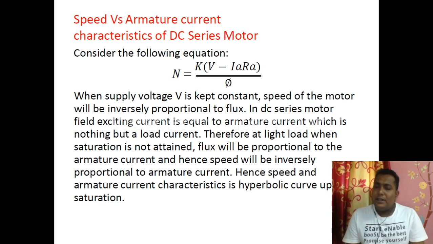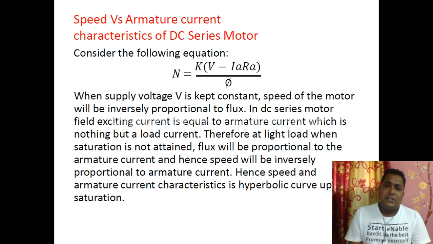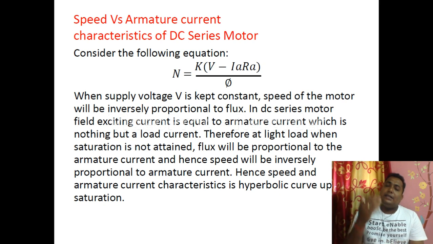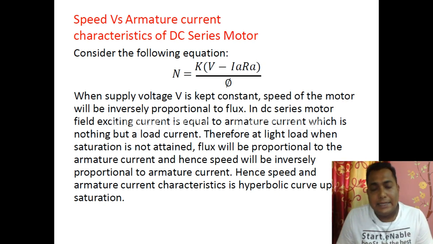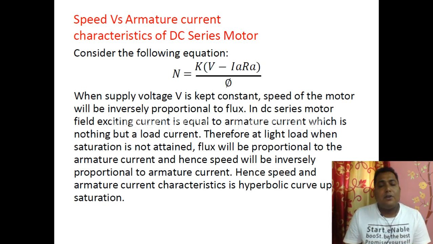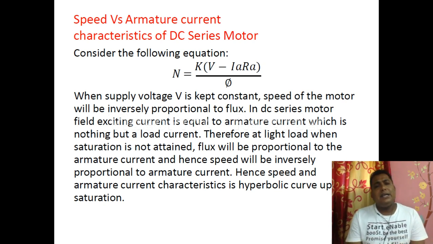So now in this particular equation, if we place root T instead of Ia, what will be the characteristic? That we have to plot over here and find out the characteristics.